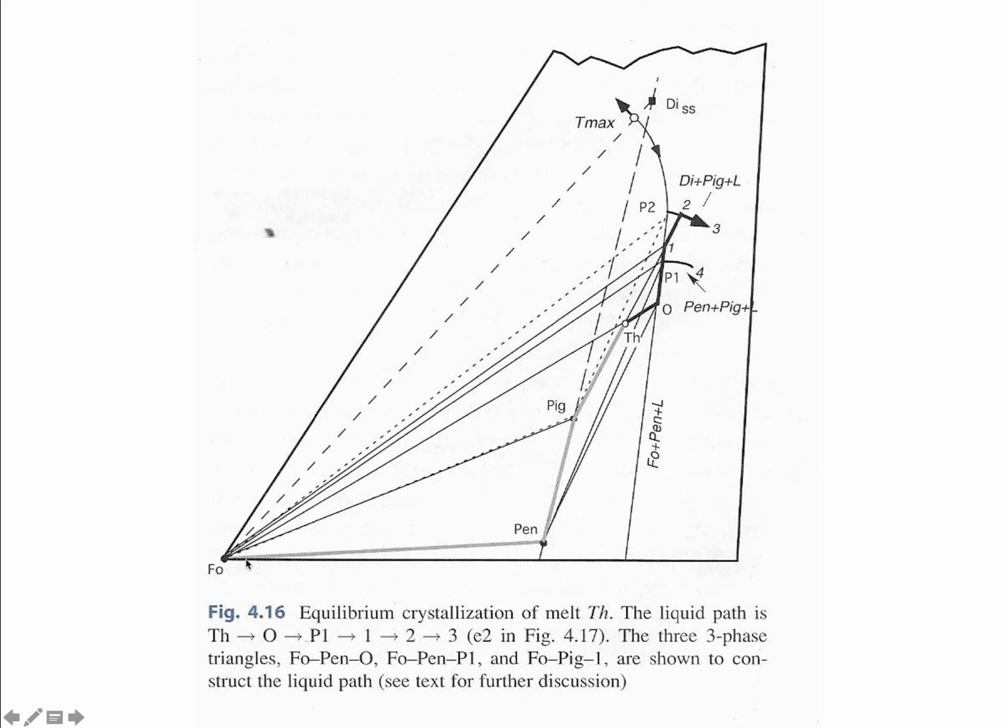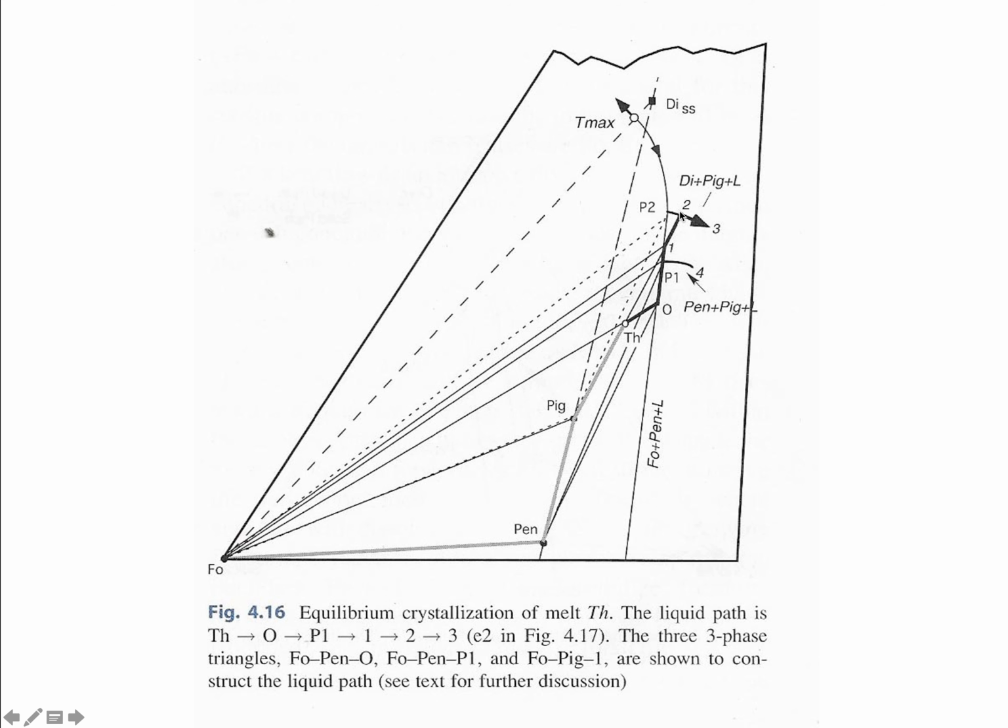If you are going here more to the silica-rich side, we are getting the protoenstatite, here the pigeonite, here the protoenstatite plus the pigeonite. Here we have forsterite plus protoenstatite plus liquid.